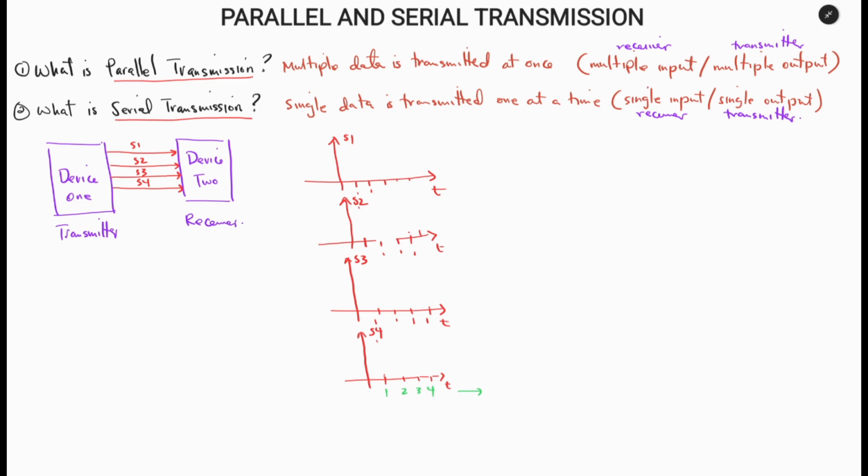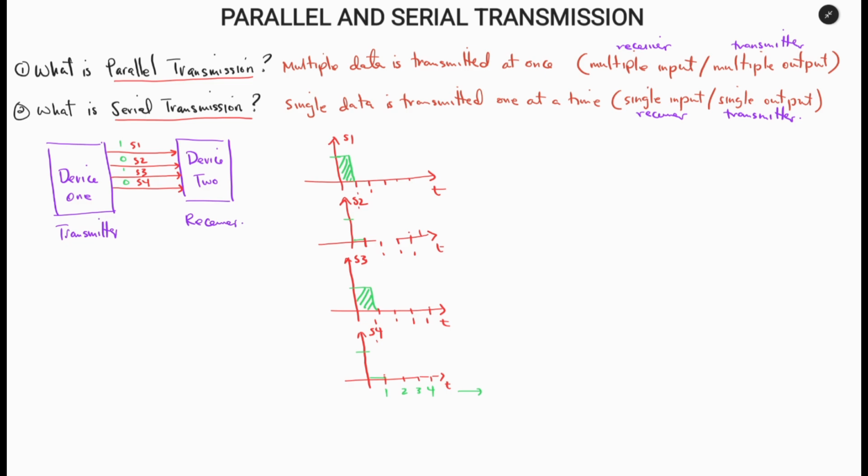And if we now have to transmit, for example, 1, 0, 1, 0, we can see from this graph that we have 1, and this will be 0, and we have another 1, and this will be 0.